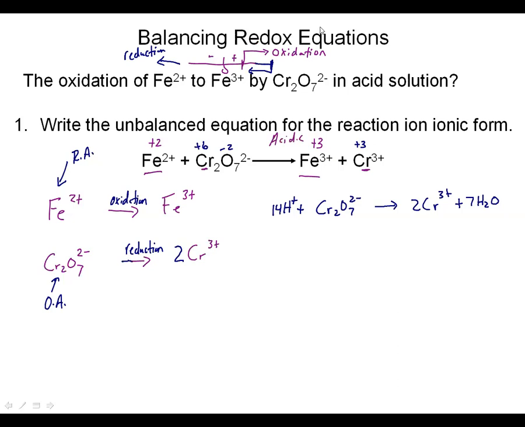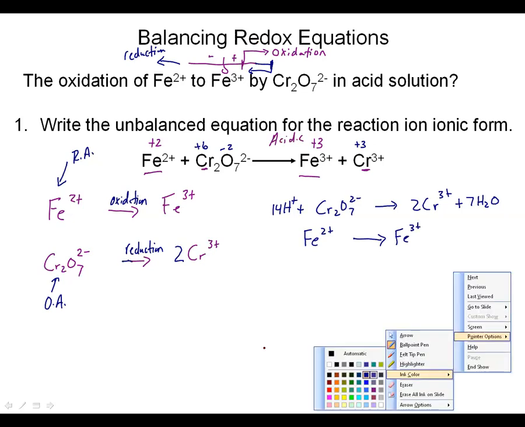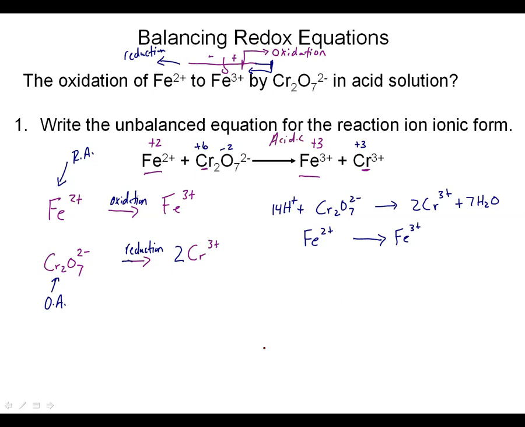So what I'm going to do now is recopy the other half reaction underneath it. At this point, we balanced everything other than hydrogen and oxygen, and we just balanced the oxygen and the hydrogen with the water. The next thing we're going to do is balance the overall charge on each side.